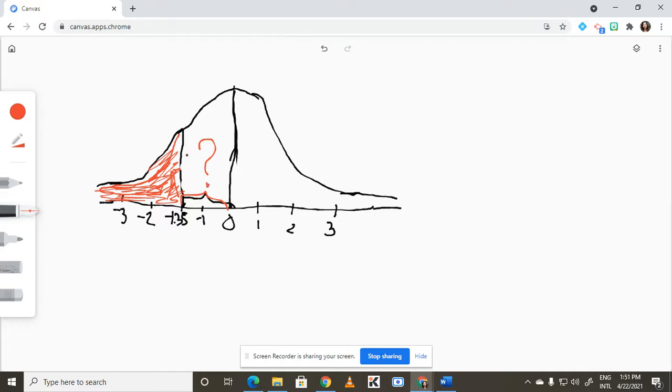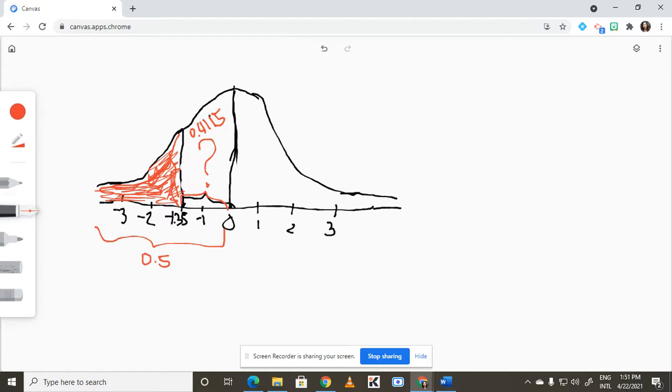Ang area na yan ay 0.4115. Okay? So, ang hinahanap natin ngayon is this part. We all know na ang kalahati from here, from 0 to negative 3, ang area na yan ay 0.5.